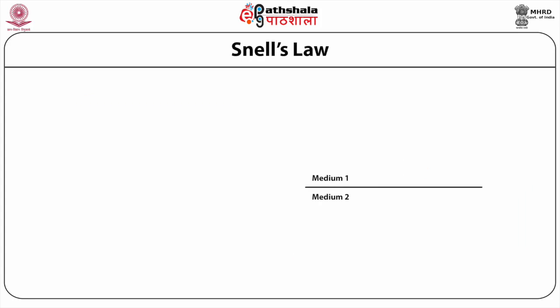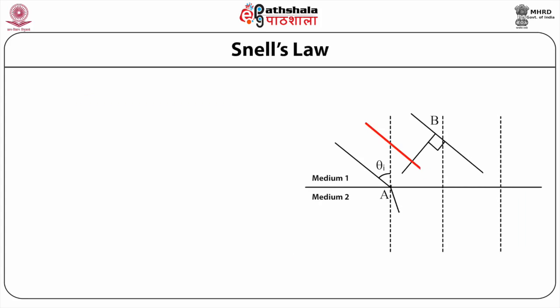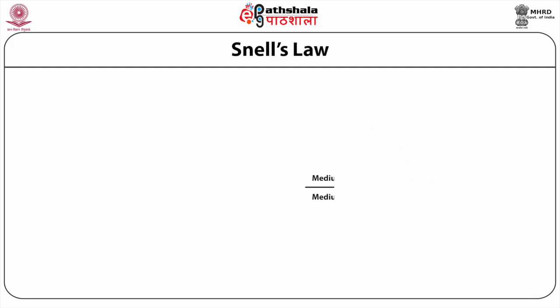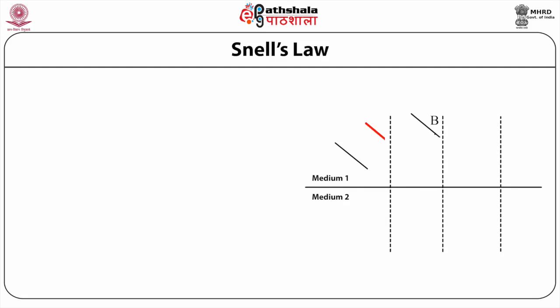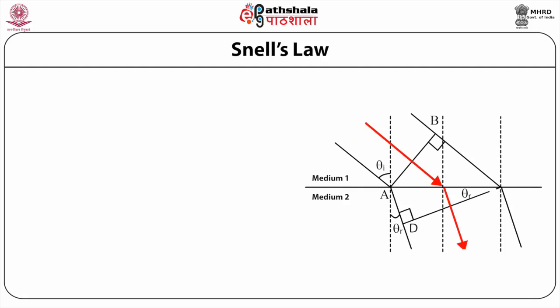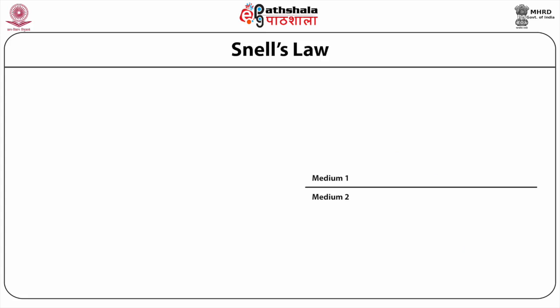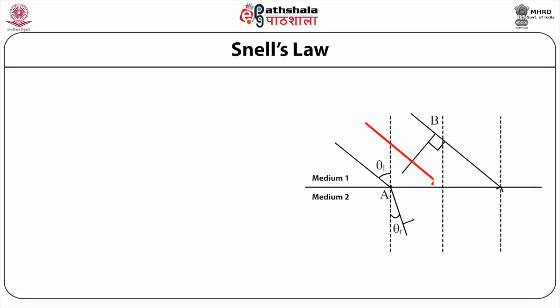Snell's law. For the reflection and refraction of light, we use Huygens principle, which basically states that any point on which light is incident acts like a secondary source of light, meaning that light is considered as waves, and any point on the surface acts like a source of secondary waves.